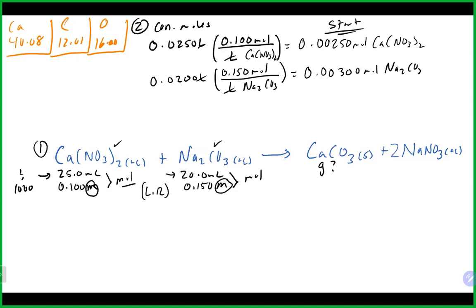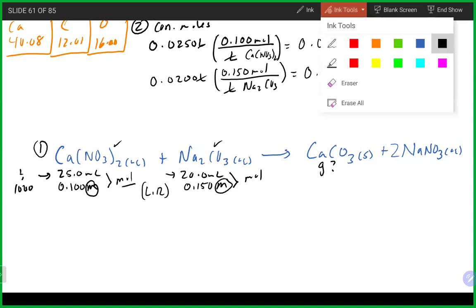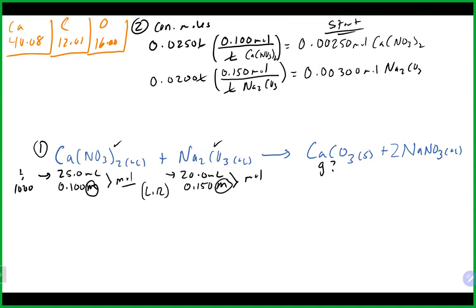So again, you do need to do a calculation, as we talked about, to figure out which one is the limiting reagent. So that is our additional part of this calculation, which is the limiting reagent part. I'm going to figure out how much sodium carbonate I need to use up all of the calcium nitrate. So to do that, I'll take the moles of my calcium nitrate, which is 0.0025 moles.